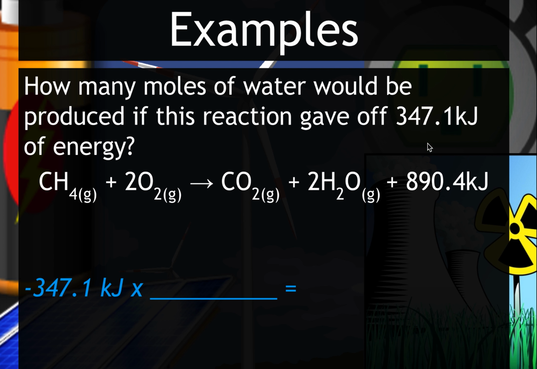So we start with what I know. Now, because this is telling me it gave off 347, I know this is an exothermic reaction. Again, there's no delta H here, so I have to make sure that I convert this for myself. That's going to be negative because it was given off.